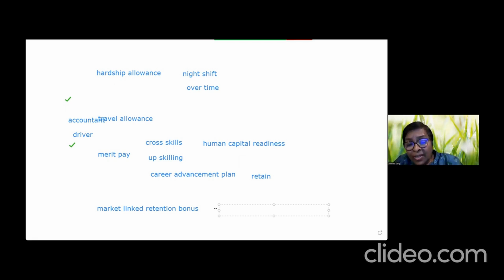Whereas smaller organizations, where you really can't have any bench strength, are all the time rotating them with projects. Then when there is demand for certain skill sets, they are left but to give this market linked retention bonus. Are you very clear now?